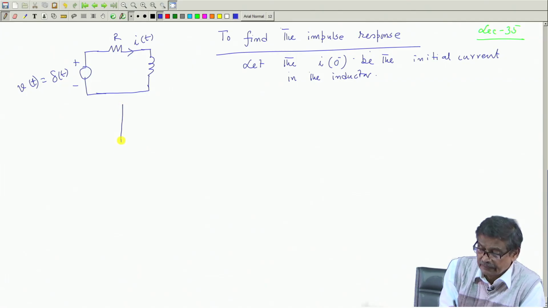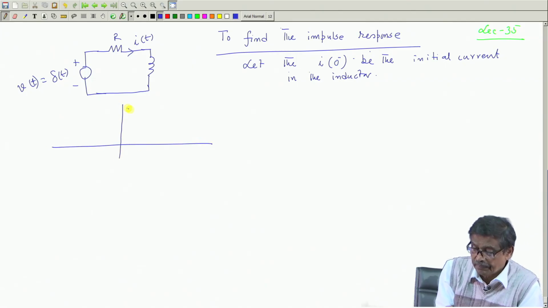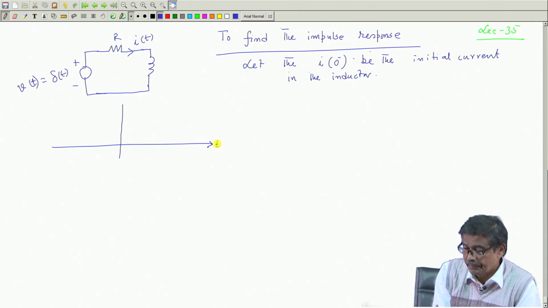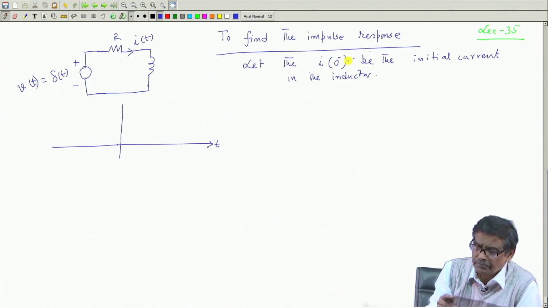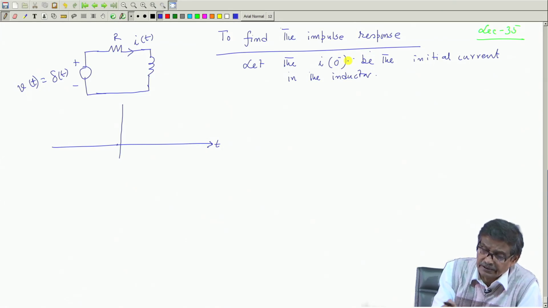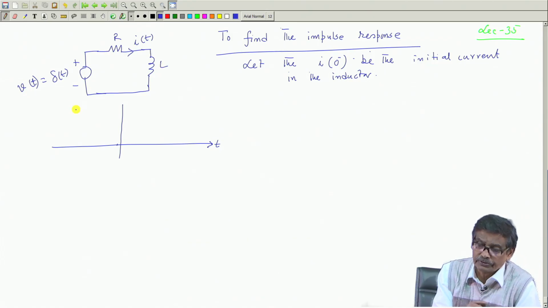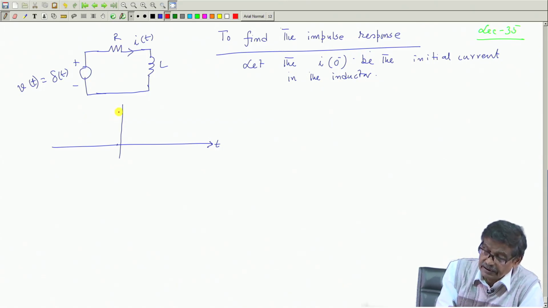For t less than 0 minus, current was 0 in the circuit, or not 0, I0 minus, something was flowing, because it might have inherited from some other circuit some value of the current at t equal to 0 minus. Then suddenly you have connected this inductance and R across an impulse voltage source like this. So, I have applied an impulse voltage here.